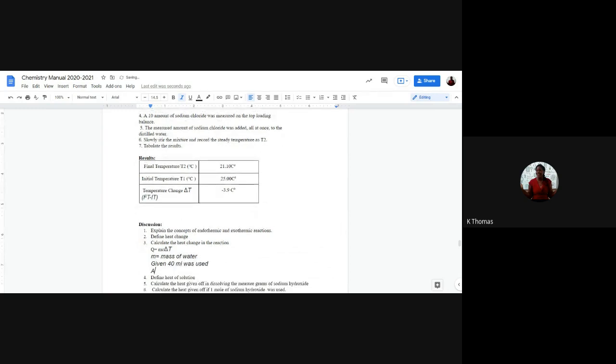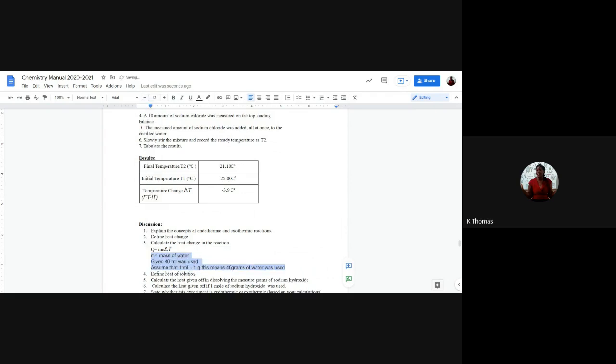So what I'm going to do is assume that 1 ml equals 1 gram. This means 40 grams of water was used. So I found my m just by making an assumption that is very common to these calculations.